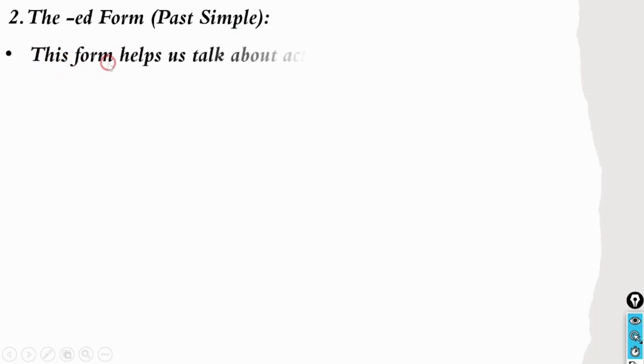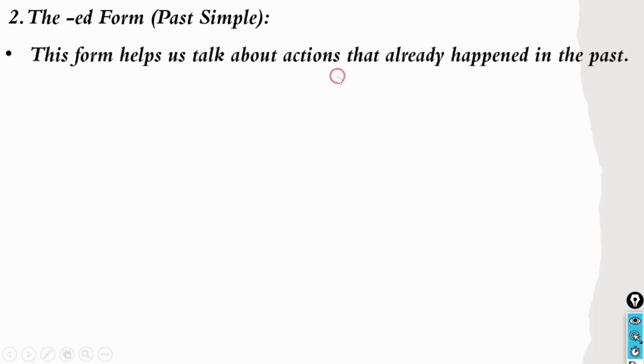Okay, so next, let's look at the second form, which is the ed form, also called the past simple. This form helps us talk about actions that already happened in the past.